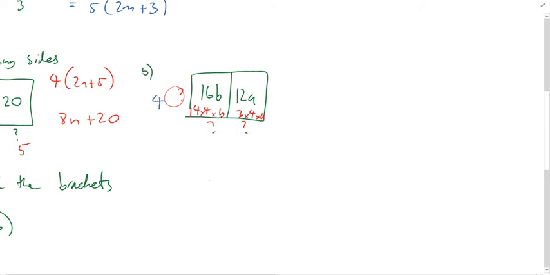And then what do I times 4 by to get 16b? Well, 4b. And what do I times 4 by to get 12a? 3a. So this one is really going to be 4 times 4b plus 3a is the way I can write it, as well as 16b plus 12a.